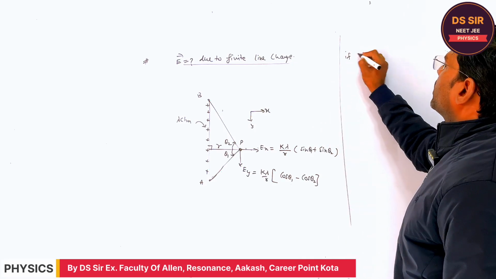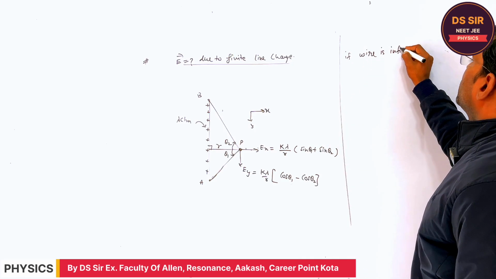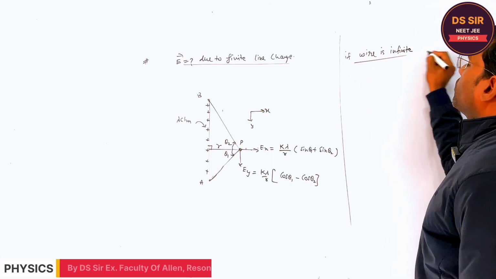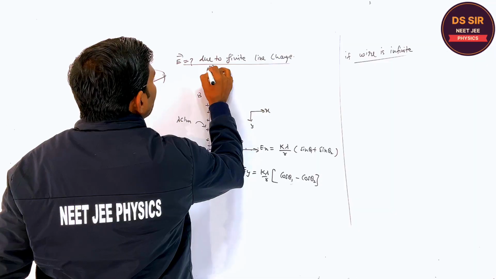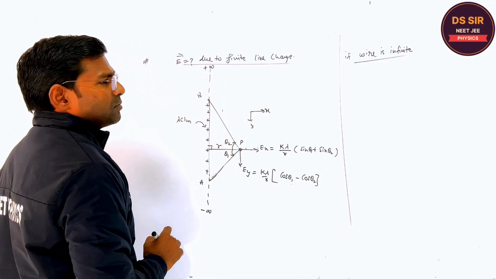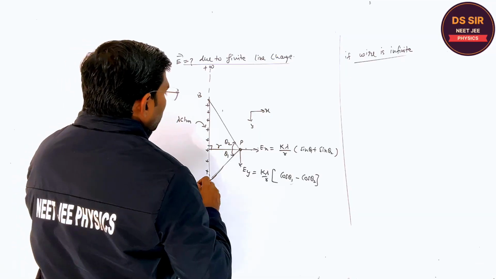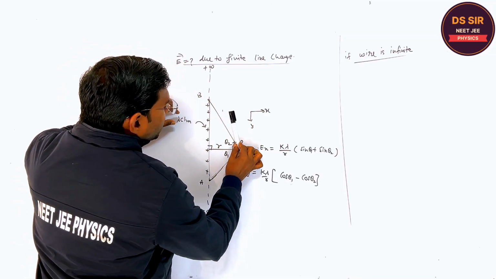If the wire is infinite, it means this end is going towards plus infinity and this end is going towards minus infinity.